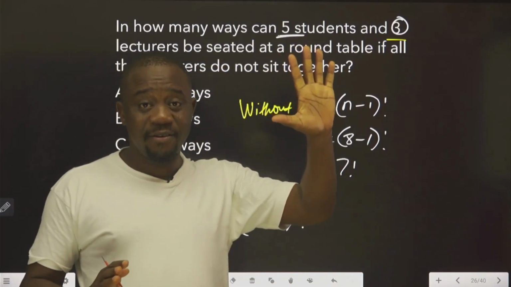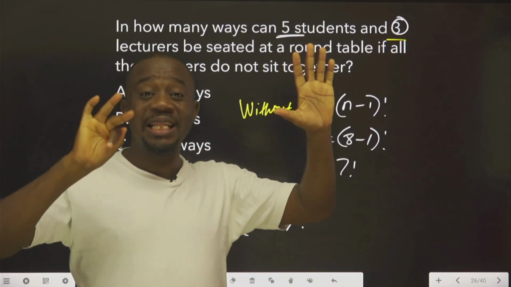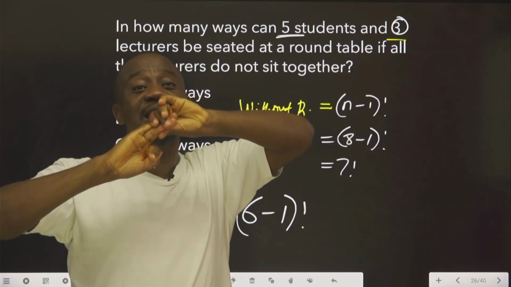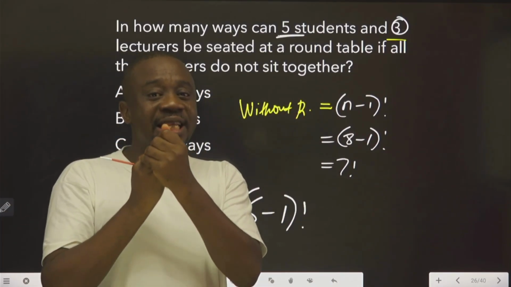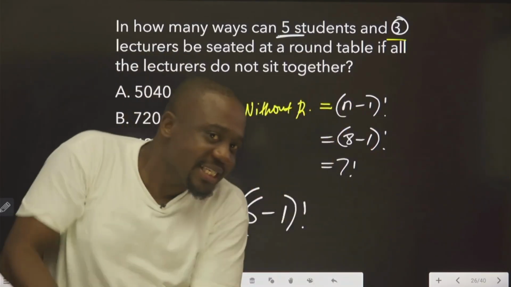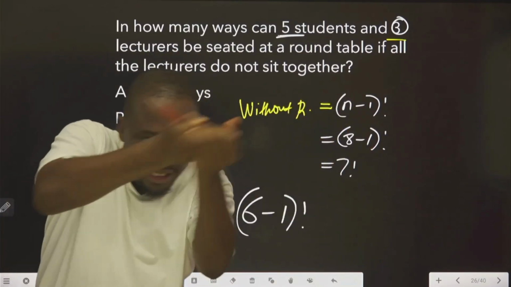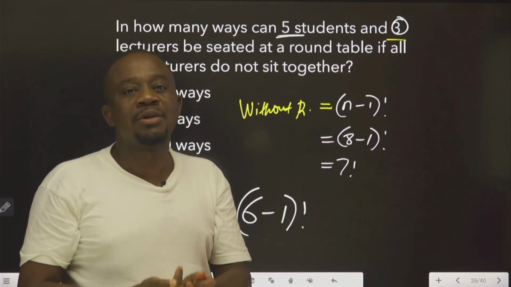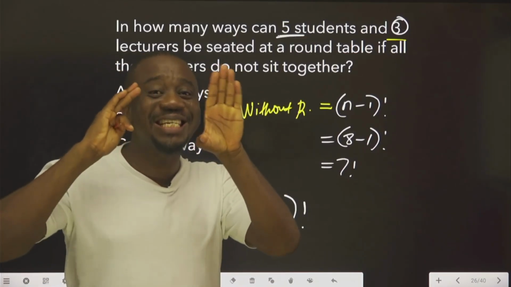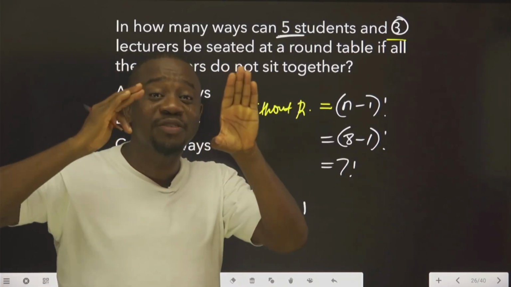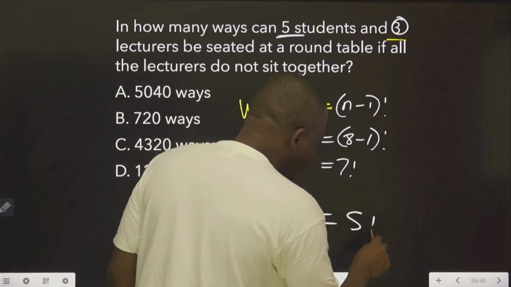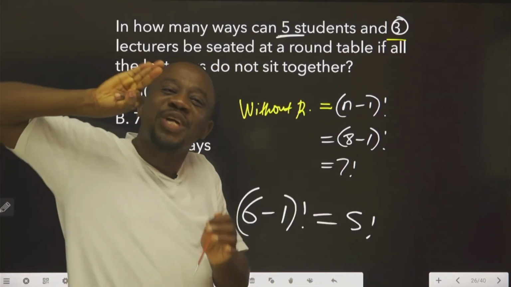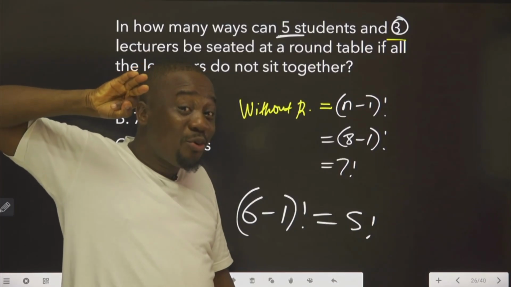Remember, 5 students and 3 lecturers, and these 3 lecturers are taken as one entity, which makes it 6. You pick one out of these 6, and then you factorize the rest. That is 5 factorial.